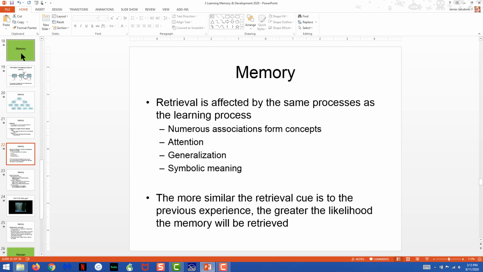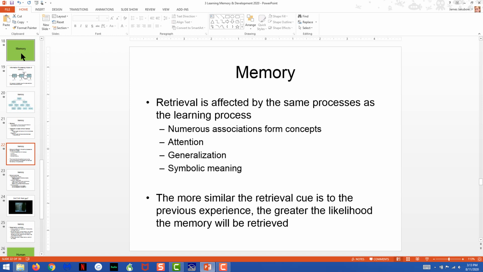Now, retrieval gets affected by the same things that affect basically all learning and memory. In fact, there's a large grouping of things like the degree to which the stimuli present during learning are present during the time in which you're going to remember something.